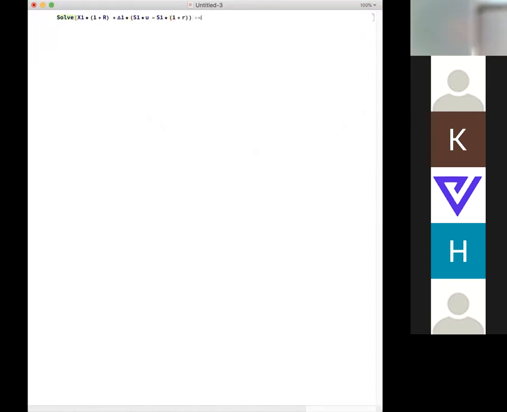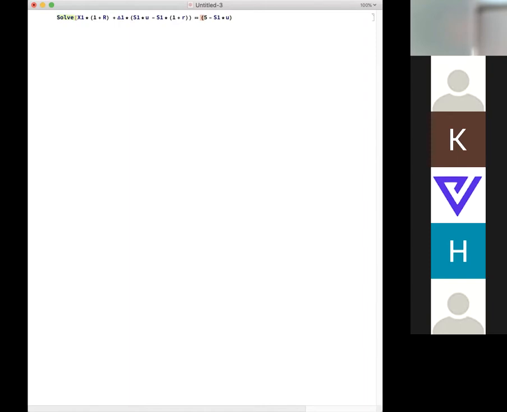We want this to be equal to, what did we call this payoff? I think we called it, I need to call it something like, what was it, 5 minus S1 times U, positive part.